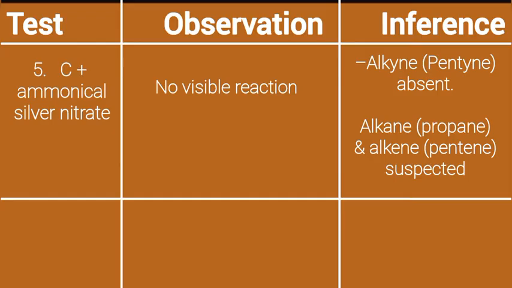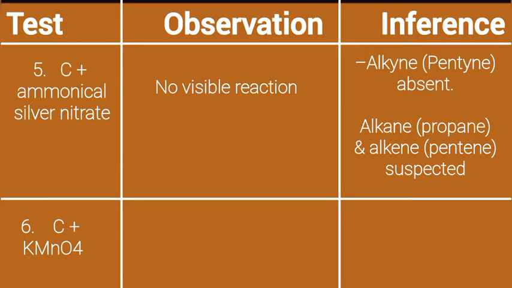Now there is this issue that we are suspecting liquid C to either be propane or to be what? Pentene. We have to go further to distinguish between these two hydrocarbons and be sure which one is liquid C actually. So I am going to expose liquid C to potassium permanganate, and under the test column I have procedure number 6.